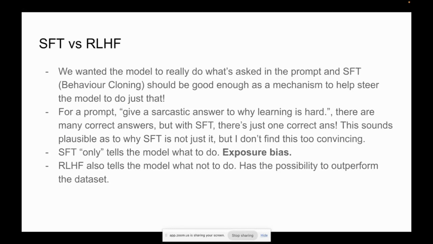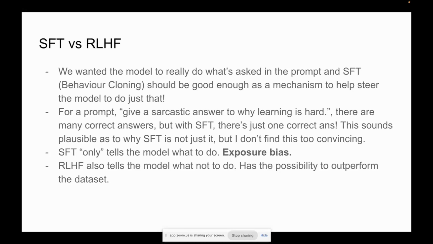That step is better addressed by RLHF, because therein we're actually sampling from the model, and whatever the model gives out might also get a negative reward from a reward model that would teach the model what it should not be doing, in addition to teaching it what it should be doing. The latter is what SFT teaches, and that's all. So that is also one important point as to why SFT might not be enough.